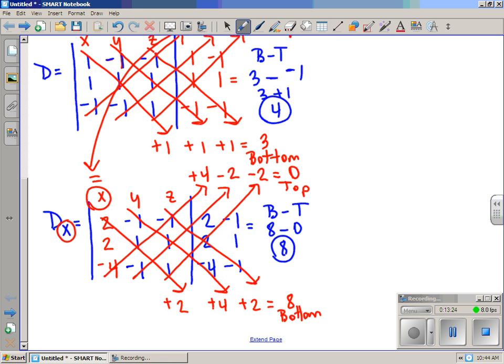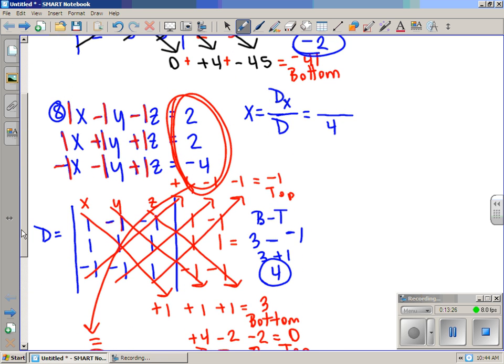We're going to substitute that into our x equation. The determinant of x is 8. The determinant is 4. So to actually find x, you do 8 divided by 4, which is 2. So we now know that x is 2.